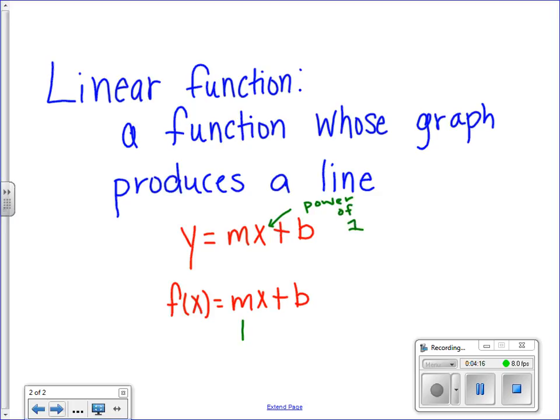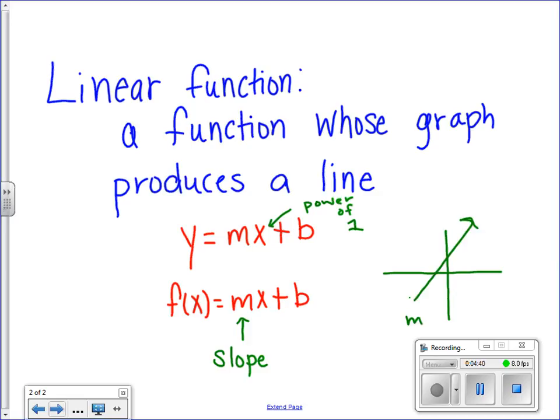This m, does anybody remember what that m is called? It's the rate of change, but what else do we call it? Slope. Yep. If m is positive, what does the line look like? It's going up, right?